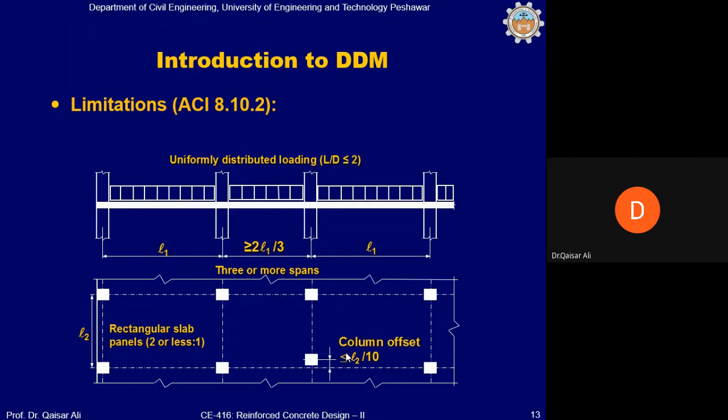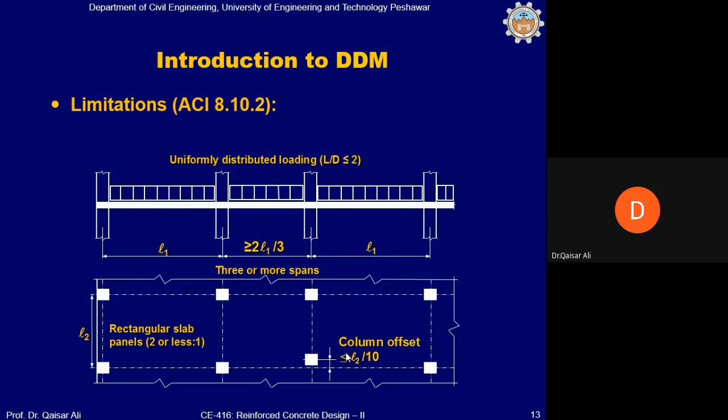It is one of the strictest conditions which restrict the use of the direct design method, because it may happen that along one direction the slab panels are 2, and in the other direction they are 6 or 7 or more. But in most of the practical situations we have encountered, the slab panels are 3 or more.